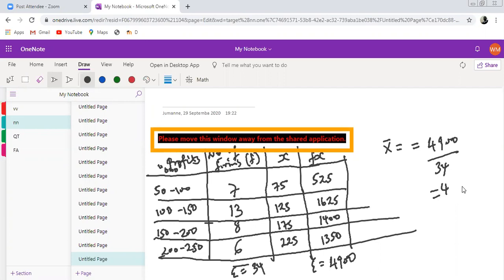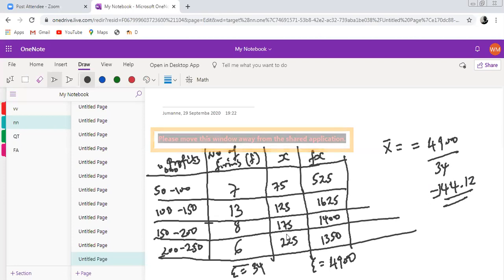144.12. Now what you need to note is these profits were in thousands.